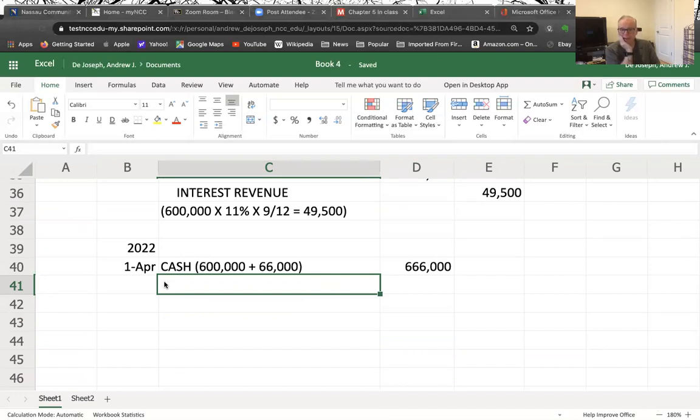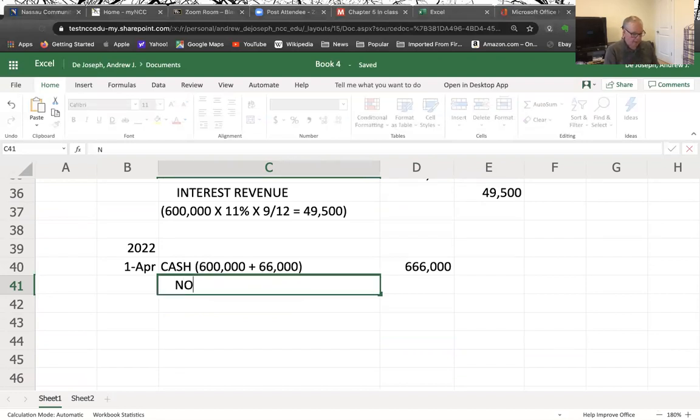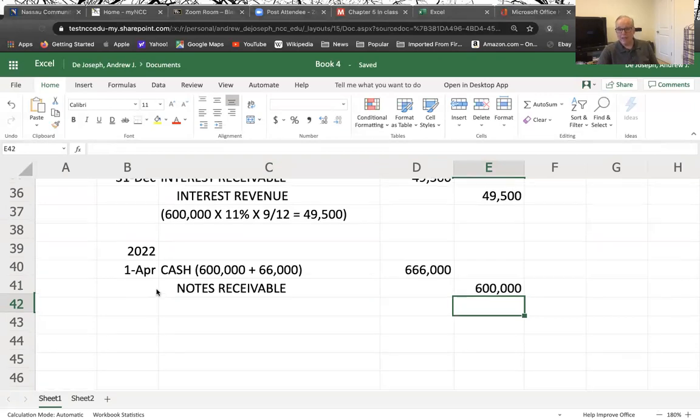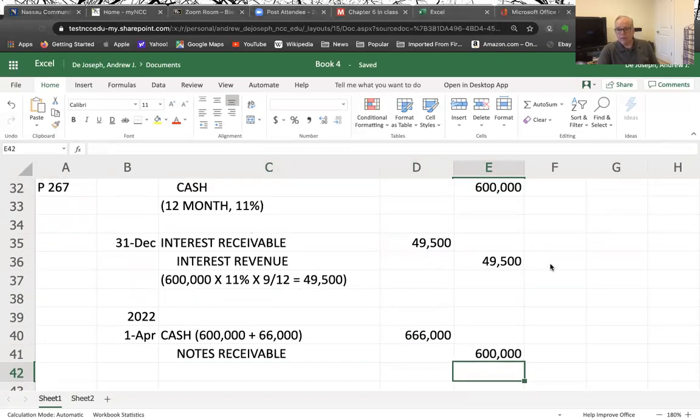Now I know I'm also going to have to credit notes receivable for 600,000. Ordinarily, I would get all excited and say, okay, I'm going to credit interest revenue for 66, but I can't do that because I already credited interest revenue for 49,500.